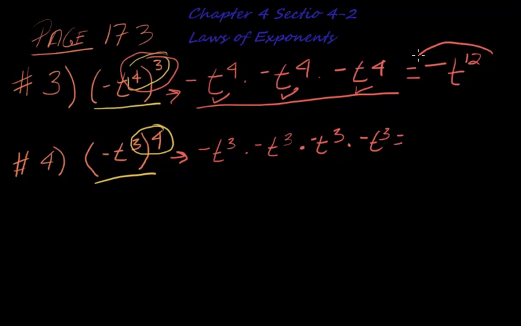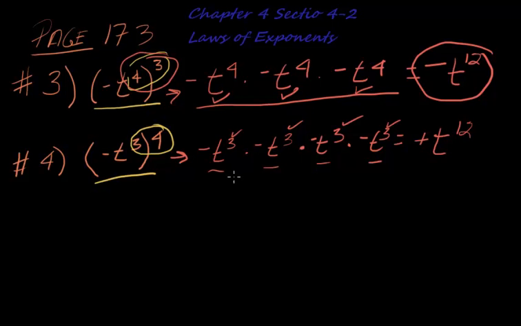So the answer is negative t to the 12th. Down here, I have a negative, negative times a negative is a positive, times a negative is a negative, times a negative is a positive. So this is going to be a positive t. Now, 3 plus 3 is 6, plus 3 is 9, plus 3 is 12.